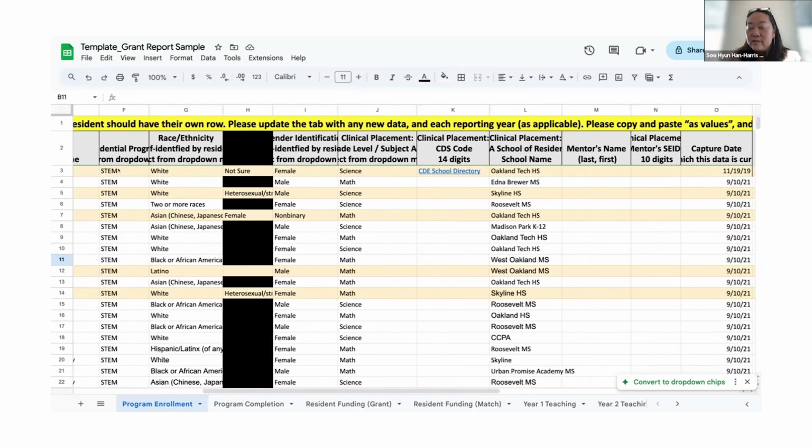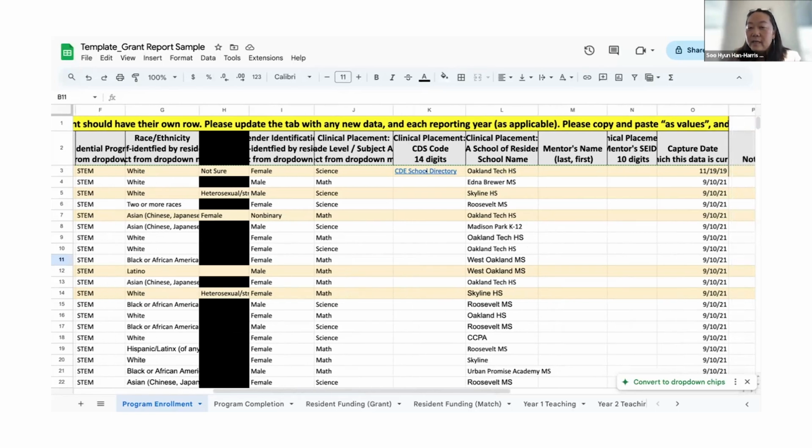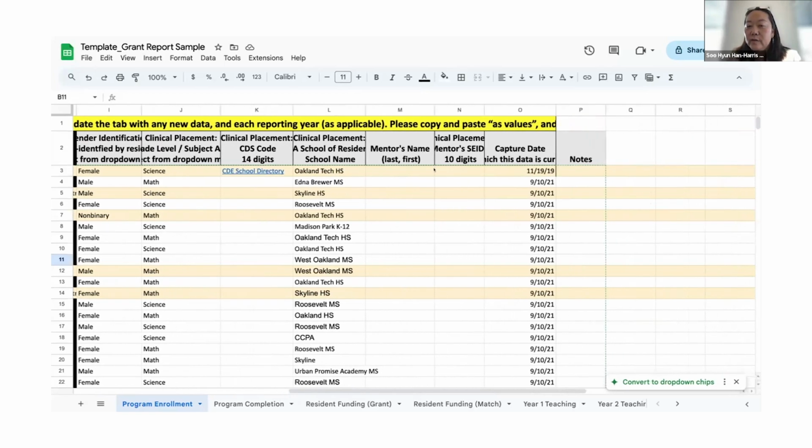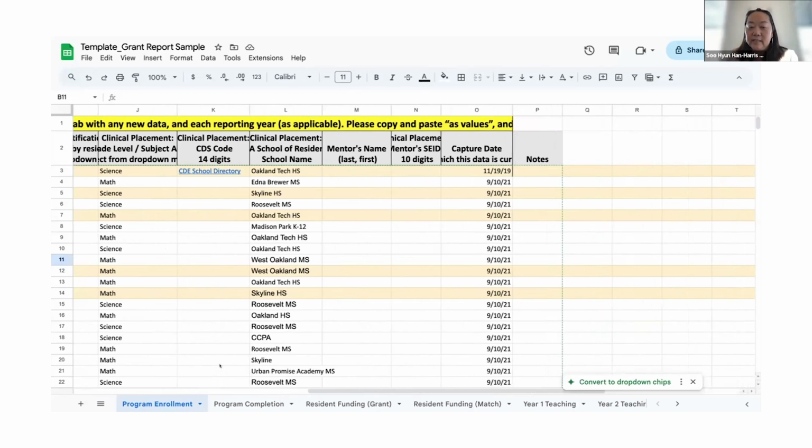That's column F, STEM, the grant credential umbrella. And then column J is the specific credential area. And then column K is where you put your clinical placement code. And then I've linked on there the CDE school directory where you could do quick searches for the schools and get that code. And then, of course, you would put your mentor name, look up the seed numbers for your mentor, etc. So that's program enrollment for that person.